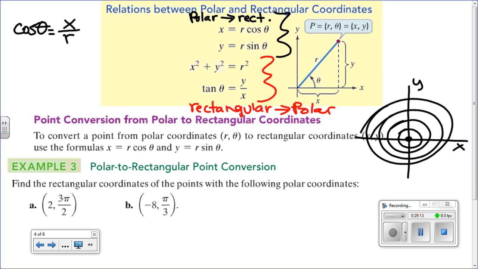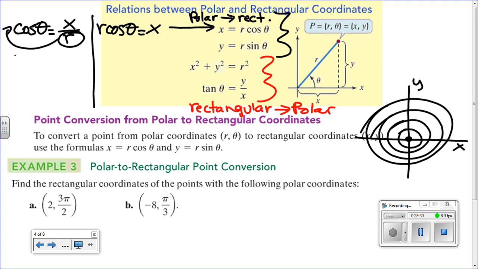So if I ask you to solve for x, you take the r across. The r is divided here, so if we take it across, it's going to be multiplying cosine. So r cosine theta equals x, which is what we got there. Then we do the same thing for sine. Sine of theta is y over r. If I want to solve for y, take this across, so r times sine theta equals y.